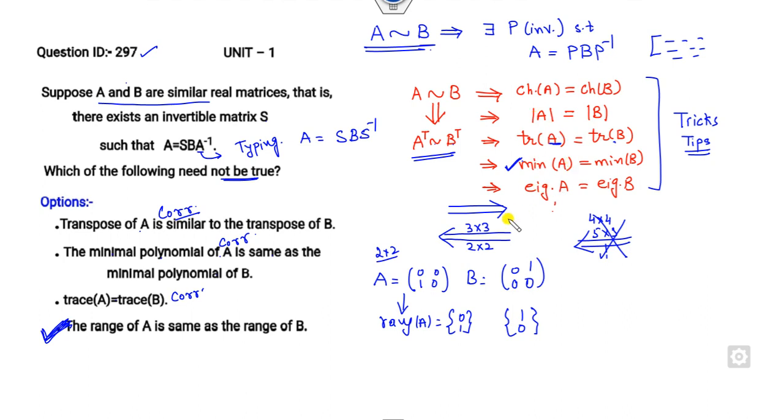So you can clearly say that the characteristic equation of A and the characteristic equation of B are the same. Determinant of A and determinant of B are also the same. Trace is also the same. Minimal polynomial of both of them is the same. Eigenvalues are the same. So this implies A is similar to B. But the range space of this is 0 1, and of this is 1 0, which is not the same. So hence the answer is this one. Remember, these are tips for you which may be helpful in your other examinations.